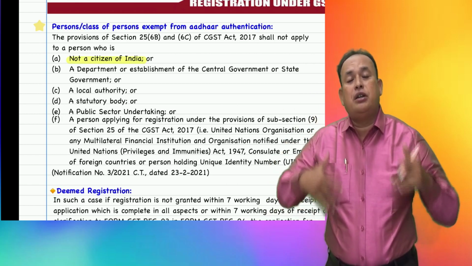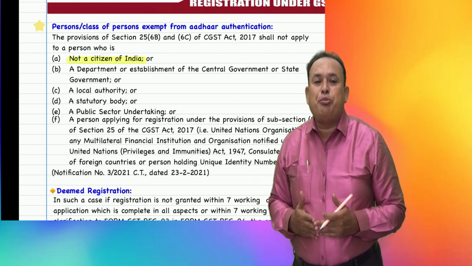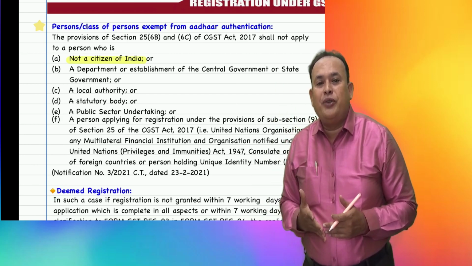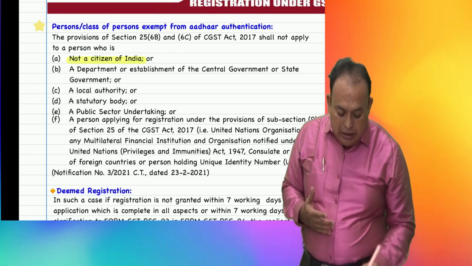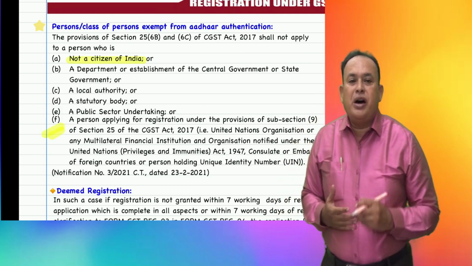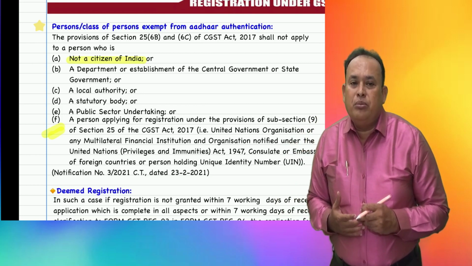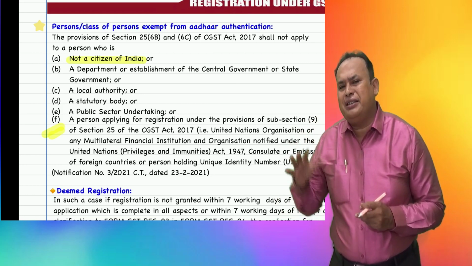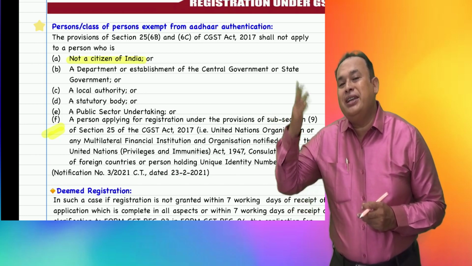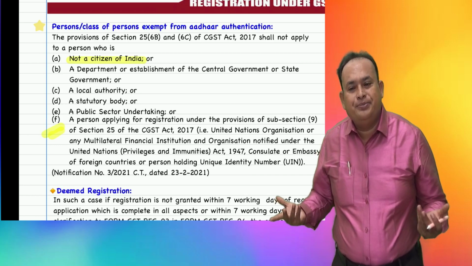Public sector undertakings, PSUs, are also not required to undergo Aadhaar authentication. Further, foreign diplomats and foreign embassies in India get a unique identification number, the UIN, not a GSTIN. For them, Aadhaar authentication is not warranted.